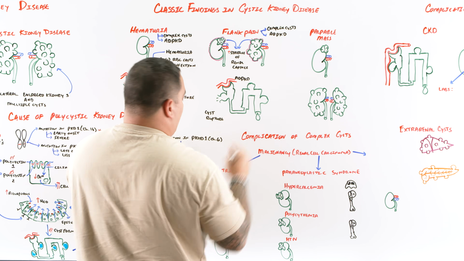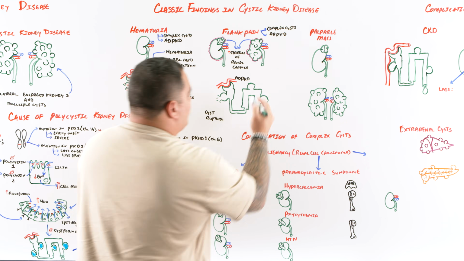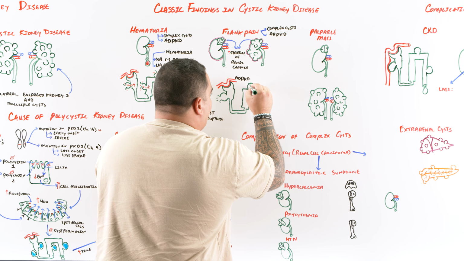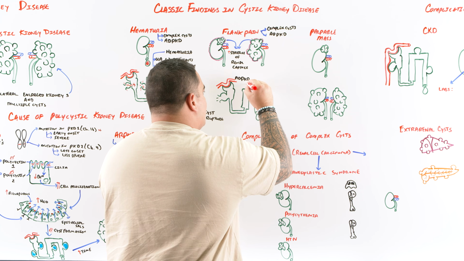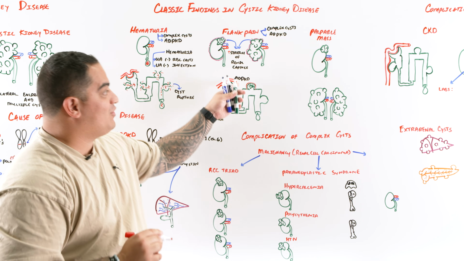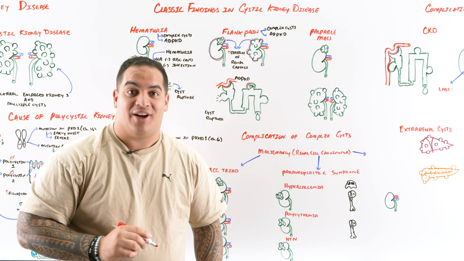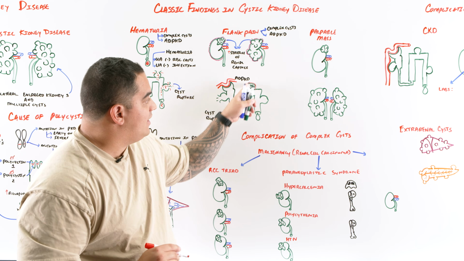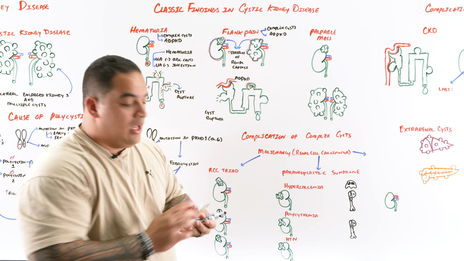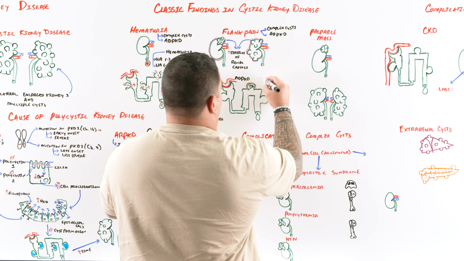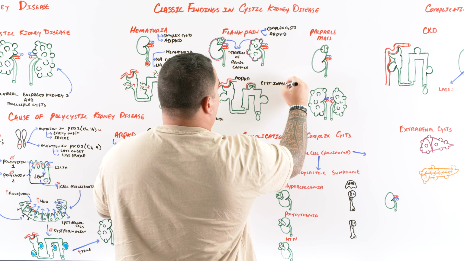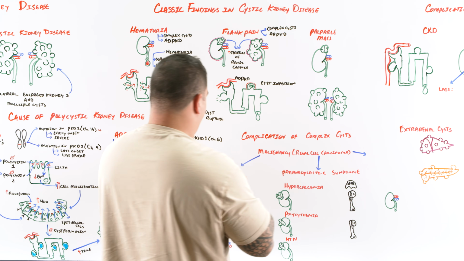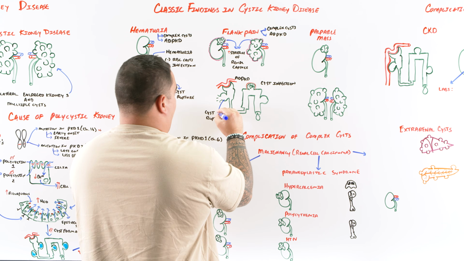But also, let's say that I have an infection. So let's say there's a bunch of bacteria in here and it's causing inflammation and infection of this cyst. We see this a lot in patients with polycystic kidney disease. They have frequent urinary tract infections because they have stasis. This is an area of stasis. And so having an increased risk of what's called cyst infection, which we can see in these patients pretty commonly, can cause the flank pain.